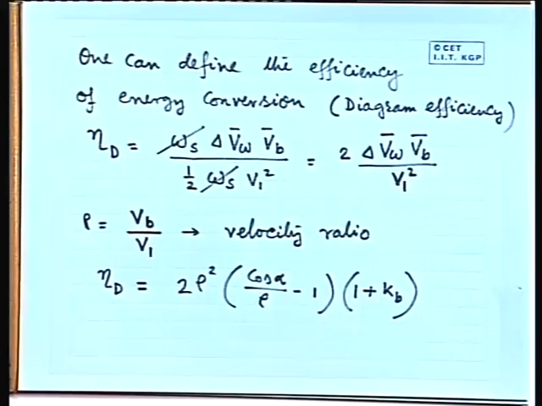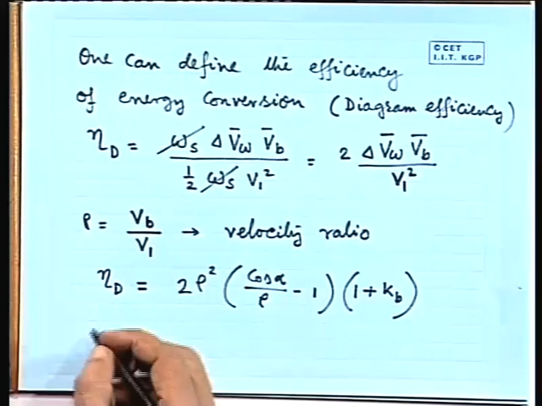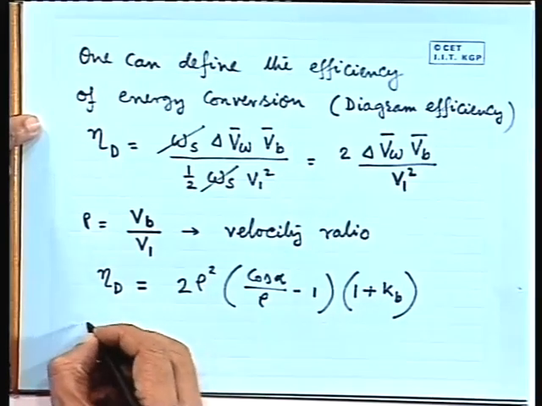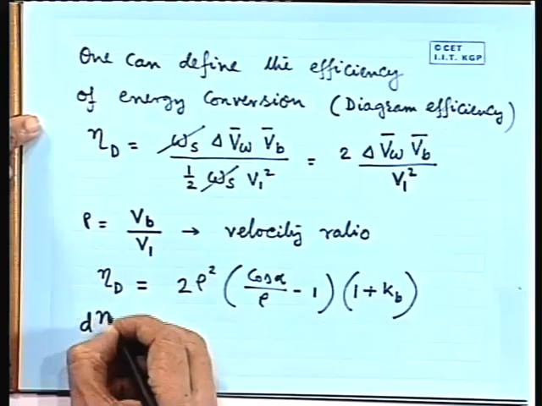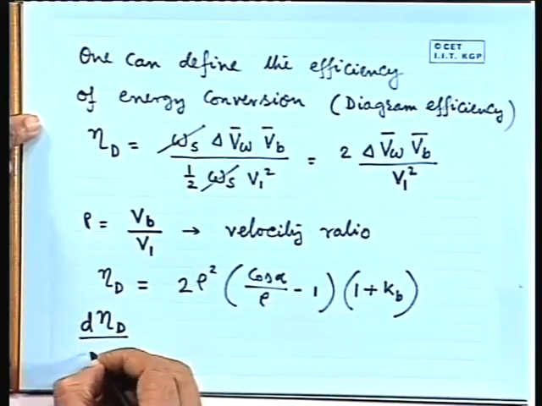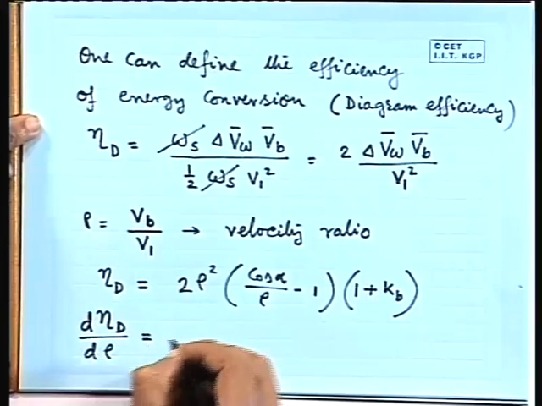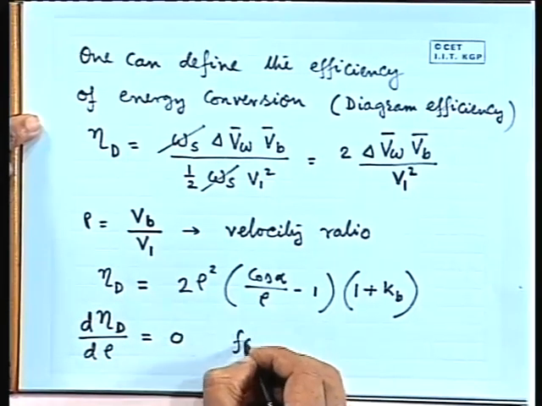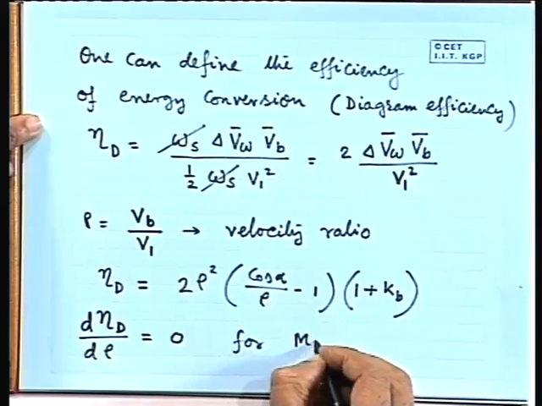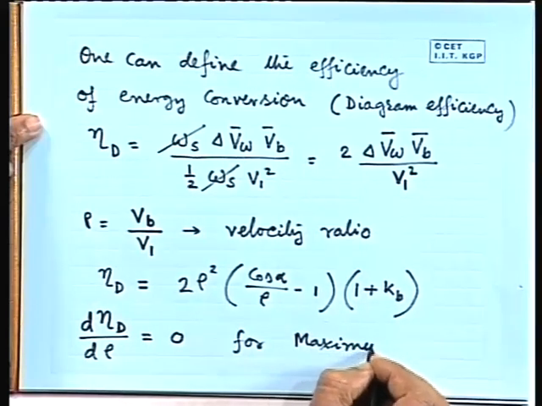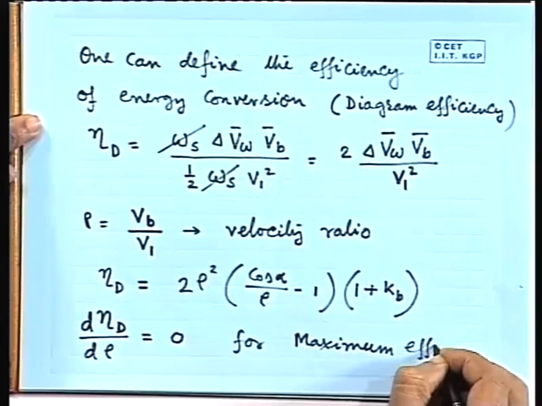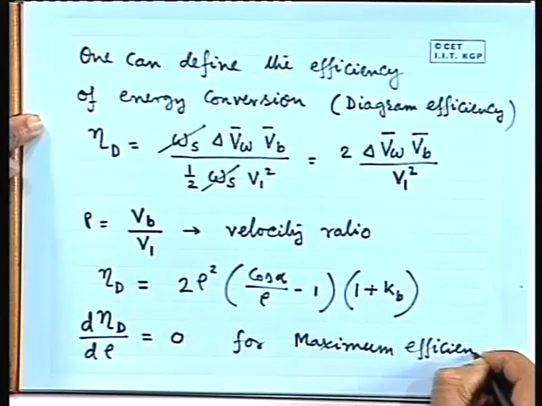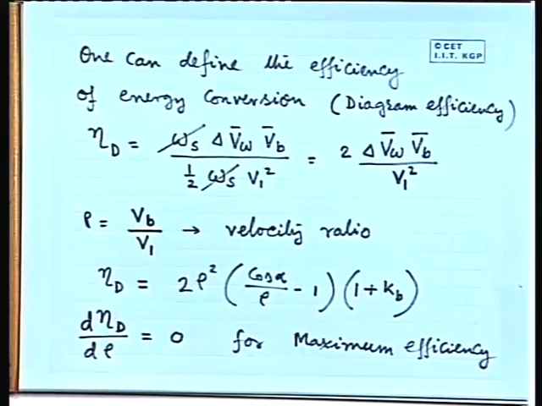So, now one can do a little bit of analysis. d eta d by d rho should be equal to 0 for maximum efficiency. For maximum efficiency, this quantity should be made equal to 0.